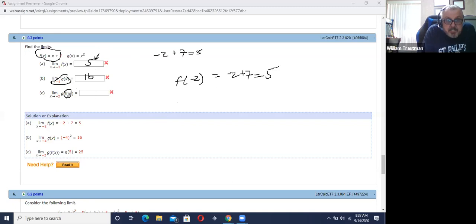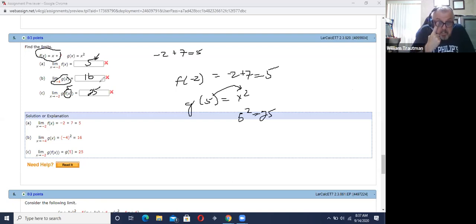Since this now becomes 5, we're looking for g of 5 for the second part. We're not plugging -2 anymore. We only plug -2 on the inside function. So now we plug 5 into g. g is x squared. Plug 5 into it, and the answer is 25. Okay.